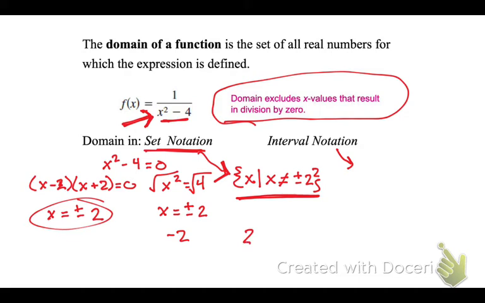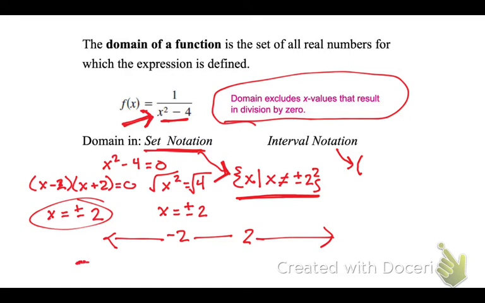Is -2 included? No. Yes, it can be -2. Like it can't be -2. Does that make sense? Wait, you are right. I'm wrong. -2, it can't be -2, so I can't include it, so I have to put a parenthesis. Oh, shoot. I'm getting ahead of myself. Here's the number line, yes? No. Okay, what's over here?